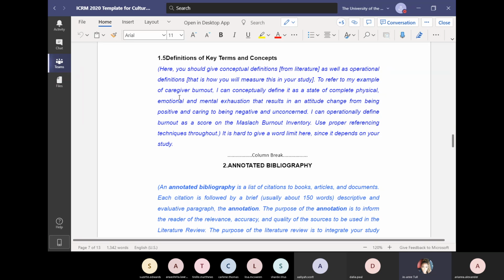Let me see if this thing would allow me to actually pull up the lecture to do the annotated bibliography. I will try.